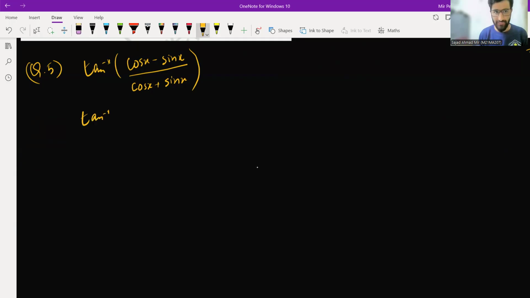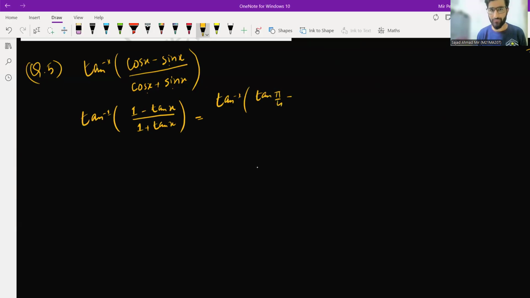This we can write as tan inverse of, if we divide cos, then this will be further simplified in this form, right? I have divided all these terms by the cos of x. We get this. I can write this in terms of tan pi by 4 minus tan of x divided by 1 plus tan pi by 4 tan of x.